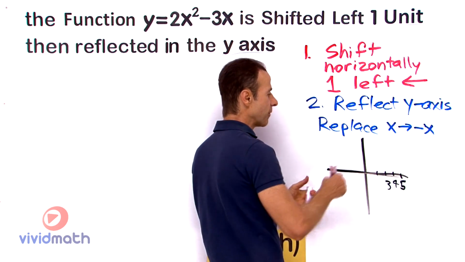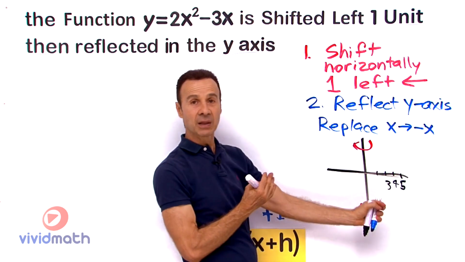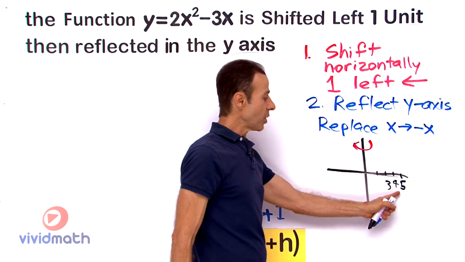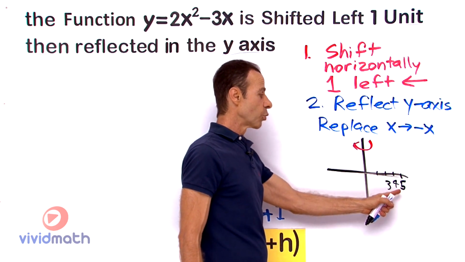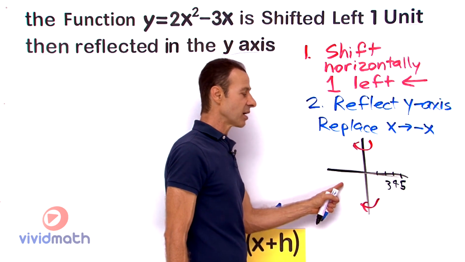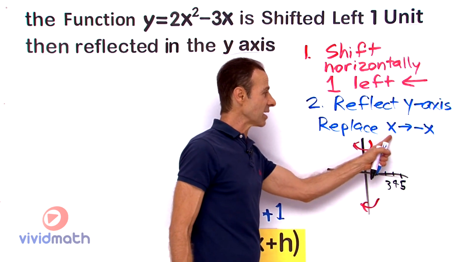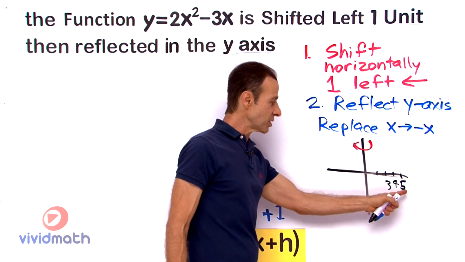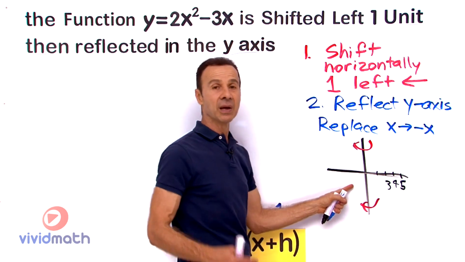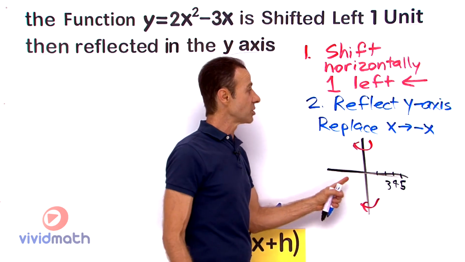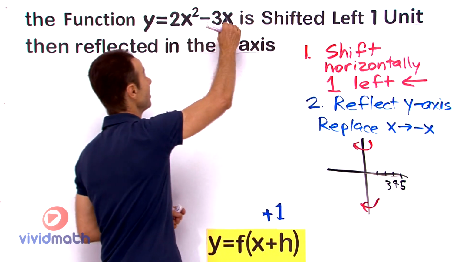Now, if we reflect in the y-axis, so there's a mirror effect, we flip it over, and we bring it over to this side, the positive x becomes negative x. That's why we're replacing x for negative x. So positive 5 becomes negative 5, 4 becomes negative 4, 3, negative 3, and so forth. So reflect in the y-axis, replace x for negative x in this function.